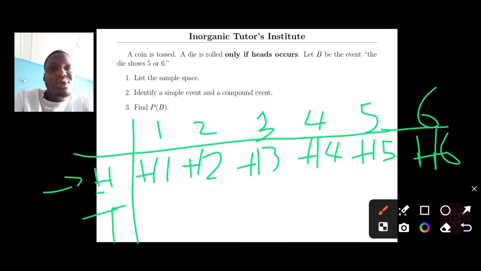Now, what happens when you get a tail? Is it possible to toss a tail? Yes, it's possible to toss a tail. But once you toss a tail, you cannot add any number on the die. So this is where it becomes a bit tricky. So what is the sample space then?